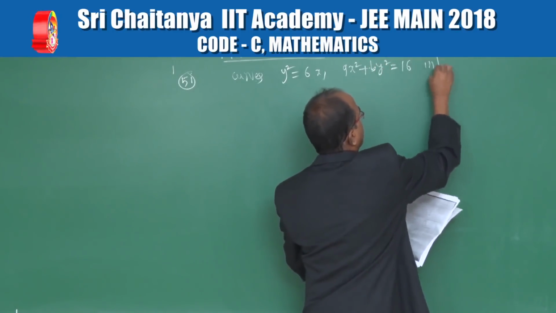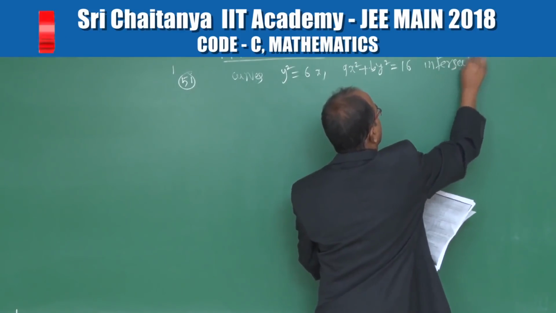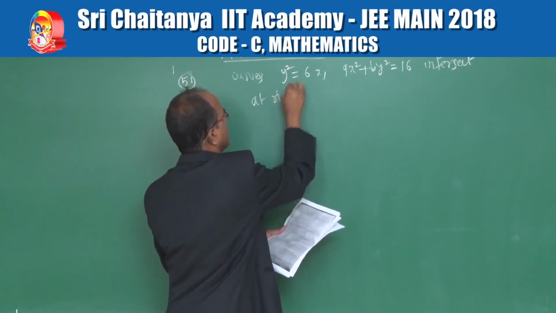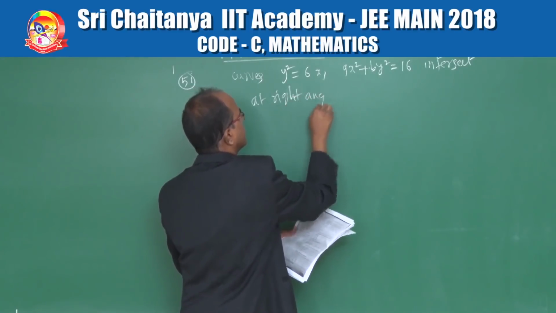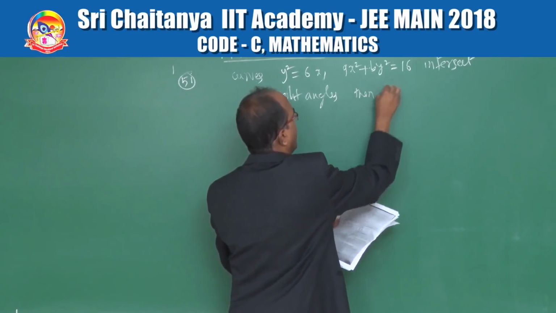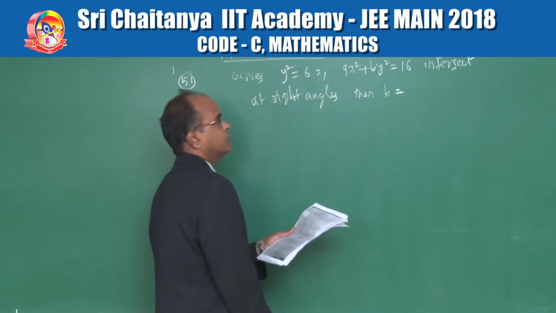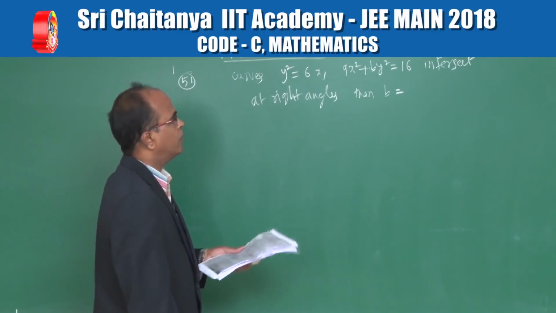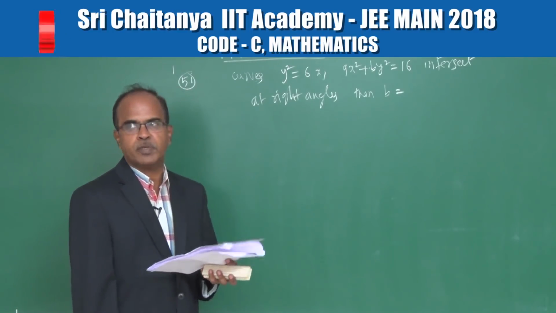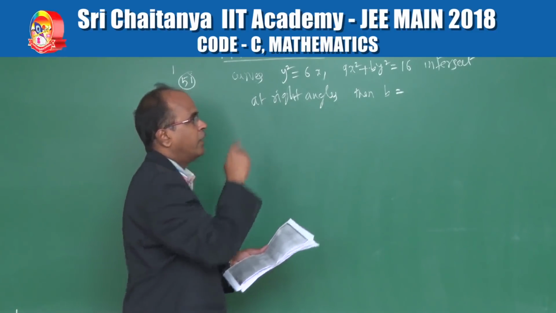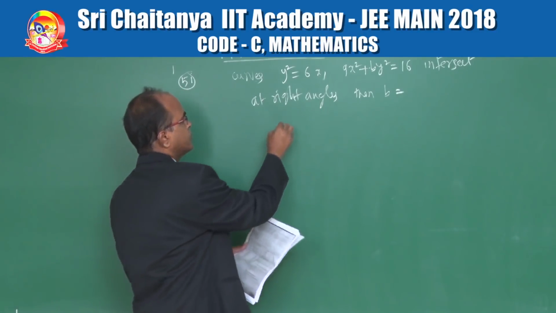They intersect each other at right angles, then the value of b is, whenever two curves intersect at the point of intersection, product of the slopes must be -1, and slopes here are given by values of dy by dx.